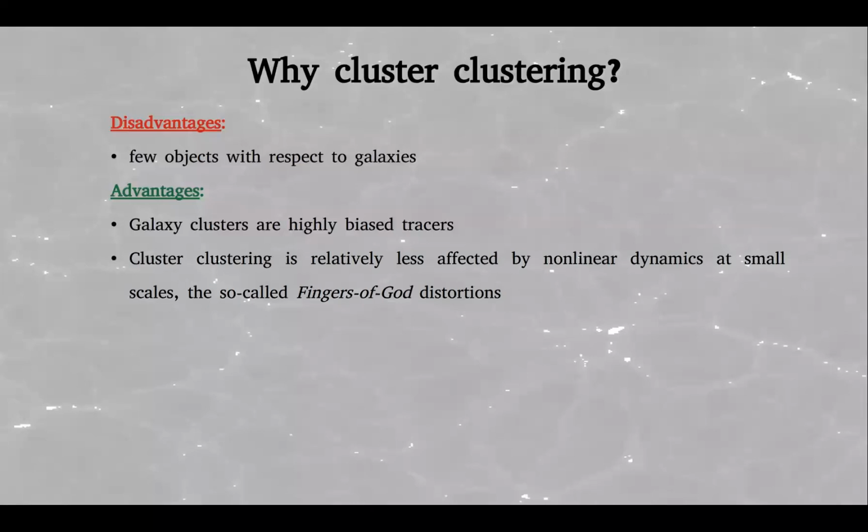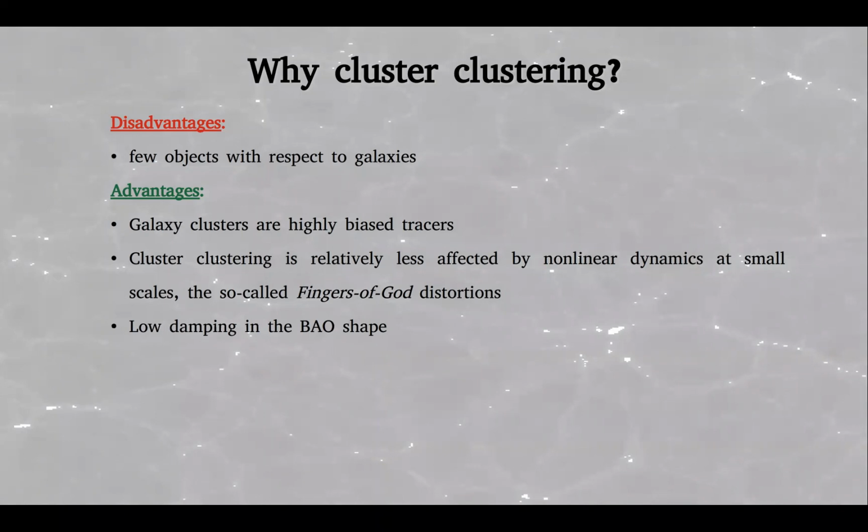Cluster clustering is also relatively less affected by the same distortions, but at small scales, which are non-linear distortions called fingers of God, that are not directly related to cosmology and are also difficult to model directly. And so the fact that cluster clustering is less affected implies that possible systematic uncertainties in the model are lower. At the baryon acoustic oscillation scale, we have a low damping.